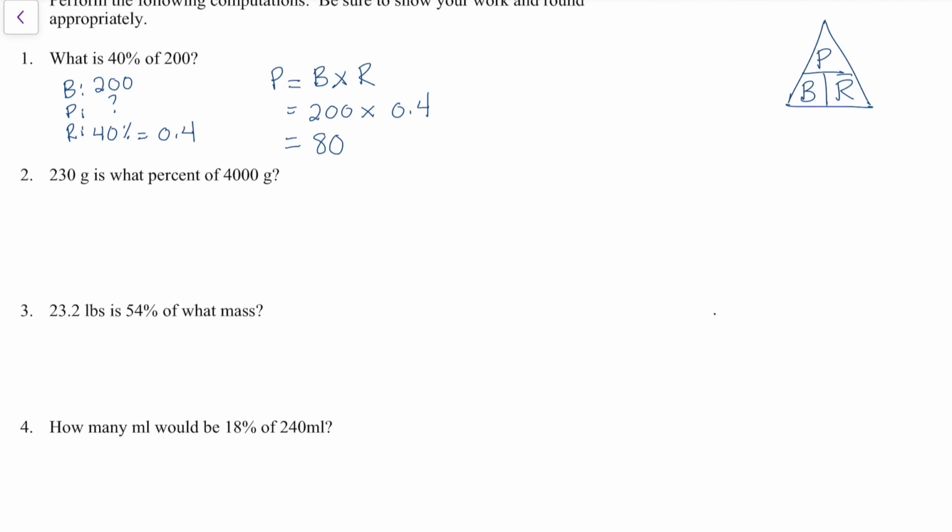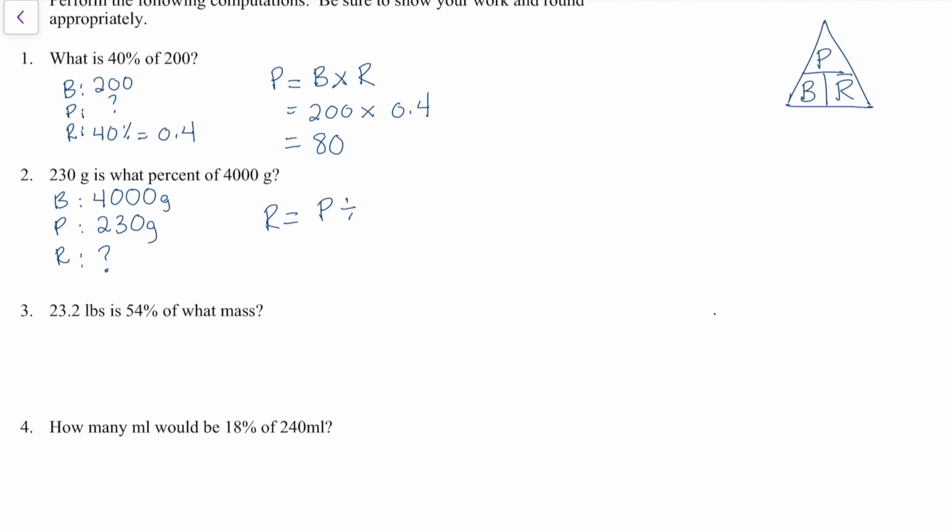Let's try question number 2. So again, I'm going to try and pick out my base, my portion, and my rate. So in this case, I'm not seeing a percentage. 230 grams is what percent? So I'm looking for my rate, and it's saying that 230 grams is what percentage of 4,000 grams. So 4,000 grams is my original number, or my total, my 100%. So that means it's going to be my base, and 230 grams is my portion.